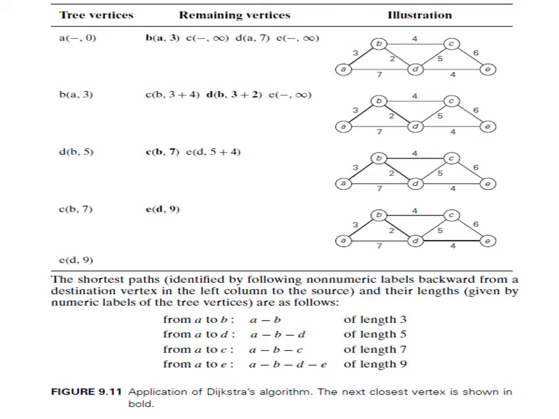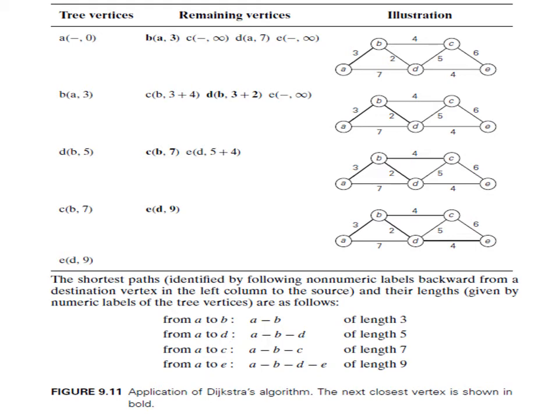Then among the remaining vertices, select the one which is having smallest length. So here 3 is the smallest cost, so A to B, 3. So next edge selected will be A to B, and that will be added to the spanning tree. And then since we have to find the shortest path, now from B, we have A to B and B to C, we have to add.